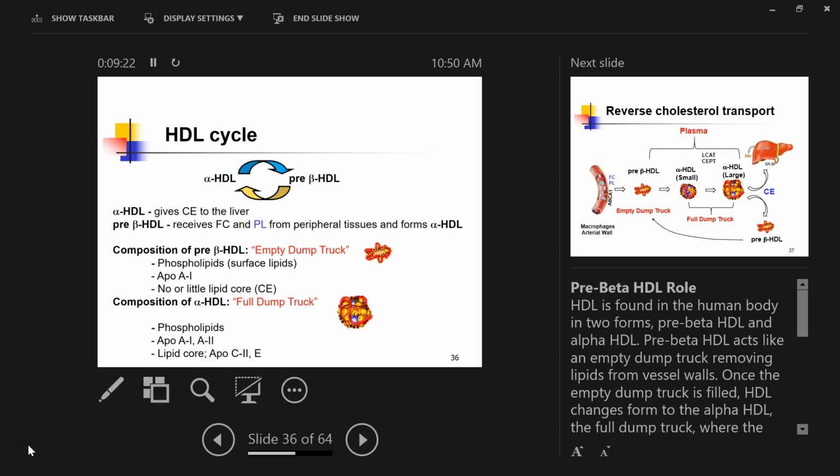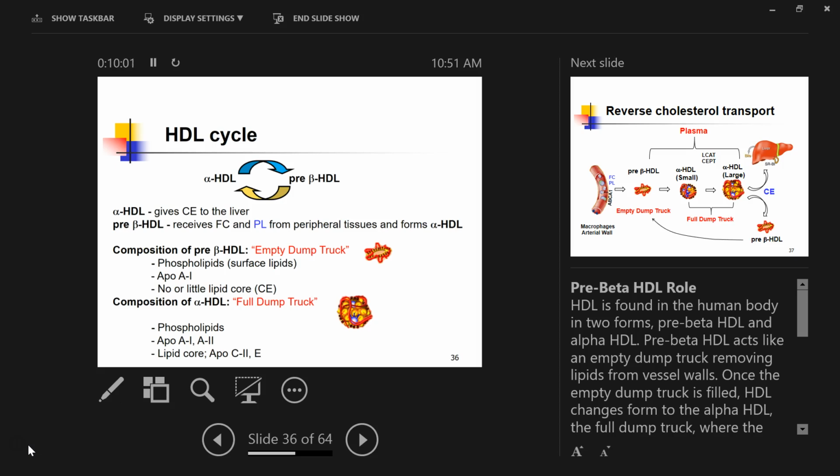Let me explain the composition of each HDL that can help you better understand, right? So, for example, pre-beta HDL is considered the empty dump truck, right? We can consider HDL as a dump truck. The lipids, particularly cholesterol esters, we consider as the trash or whatever, right?